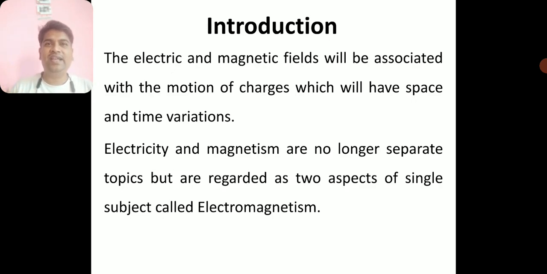He says that a current carrying conductor will produce a magnetic field around it. So that is the beautiful phenomenon which is called the magnetic effect of electric current. A current will produce a magnetic field. So that was discovered by Oersted in the year 1829.